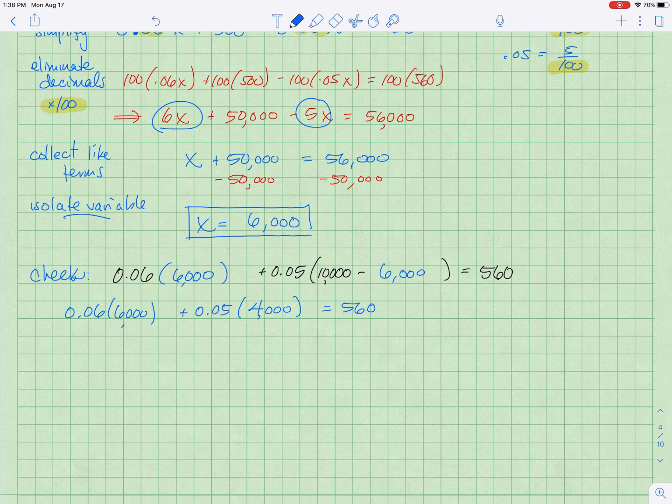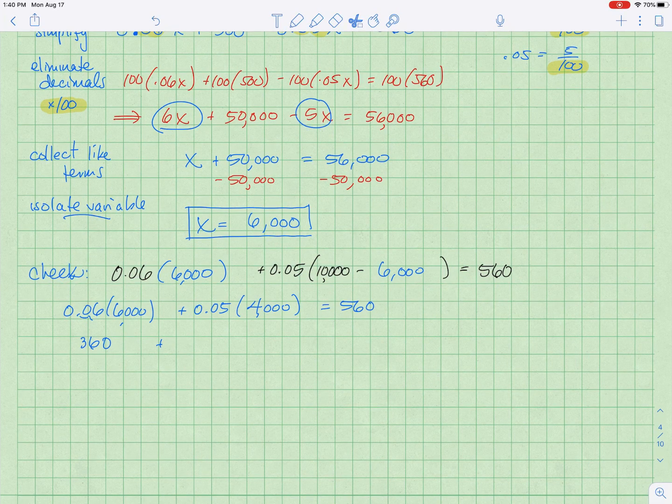Well, 6 times 6 is 36 with 4 zeros, and let's see, this is 6 times 6, and then 1, 2, 3, 4, 1, 2, 3, 4, and we're going to get 360 plus 0.05 times 4,000 is going to give us, oops, 200, and that is equal to 560. Fantastic.